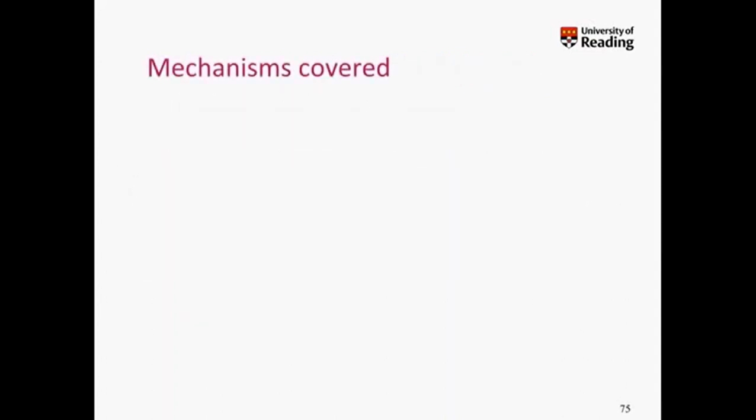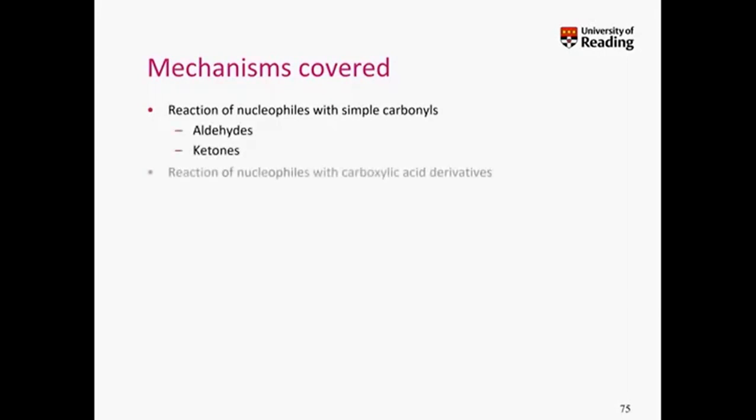So what I'm going to do now is summarise the mechanisms we've covered. We have done the reaction of nucleophiles with some simple carbonyls, by which I mean aldehydes and ketones. We've then done reactions of slightly more complex carbonyl derivatives or carboxylic acid derivatives. So they are the carboxylic acids, the esters, the acid halides, the anhydrides and amides.